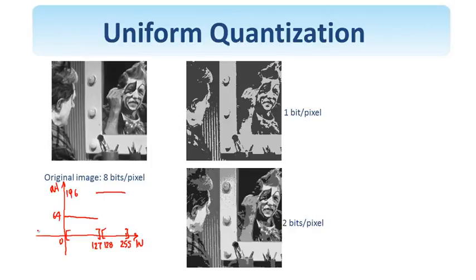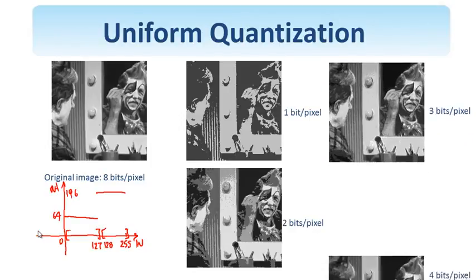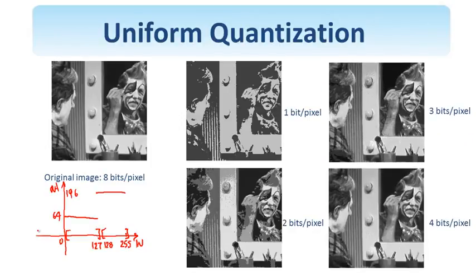When 2 bits per pixel are used, here is the resulting quantized image. 3 bits per pixel and 4 bits per pixel are shown here. Clearly, in this case, we see these artificial contouring effects. They're not as visible when 3 bits per pixel are used, while for this 4 bits per pixel image, it looks quite similar to the original one.